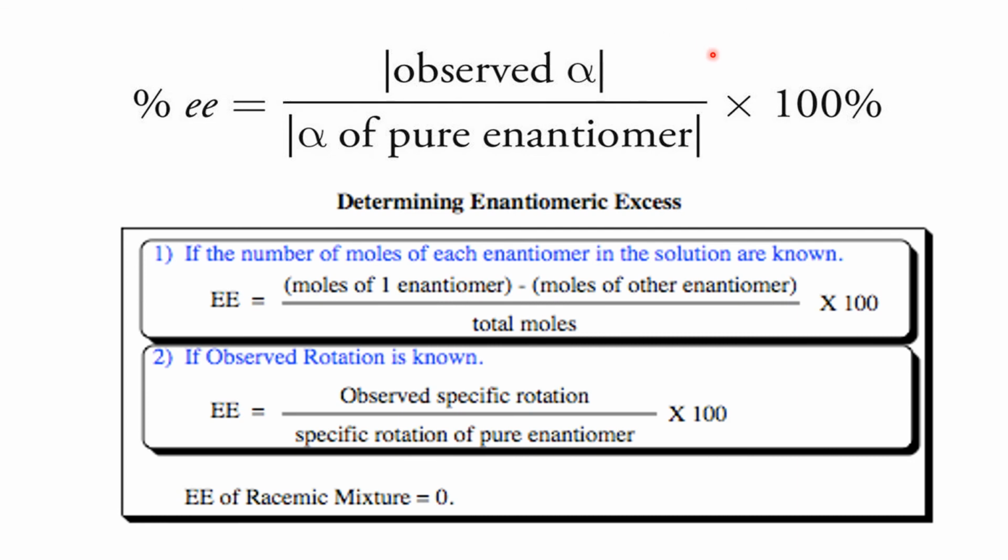If the observed optical rotation is less than 500, that means that sample is not pure. If the observed optical rotation and the optical rotation of the pure sample are the same, it is 100% pure. So take down these equations. There you could expect a question: what is enantiomeric excess and how could you calculate enantiomeric excess? Take down.